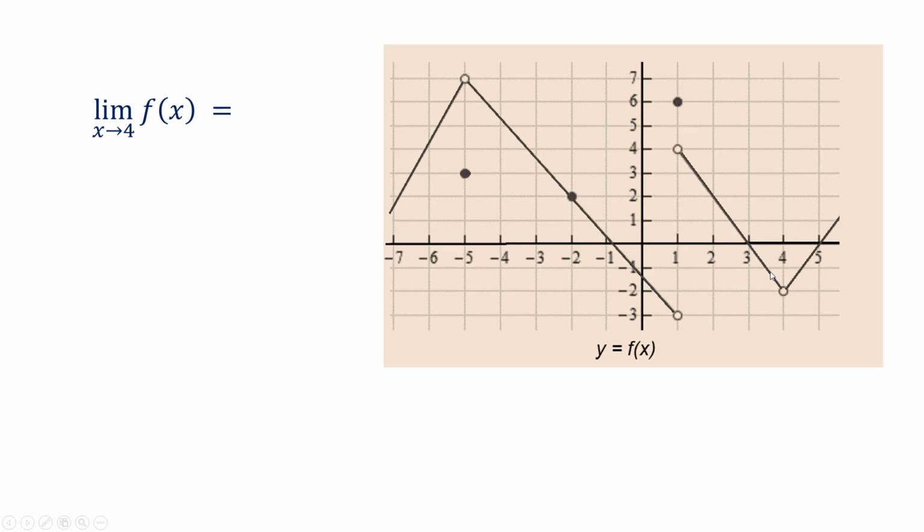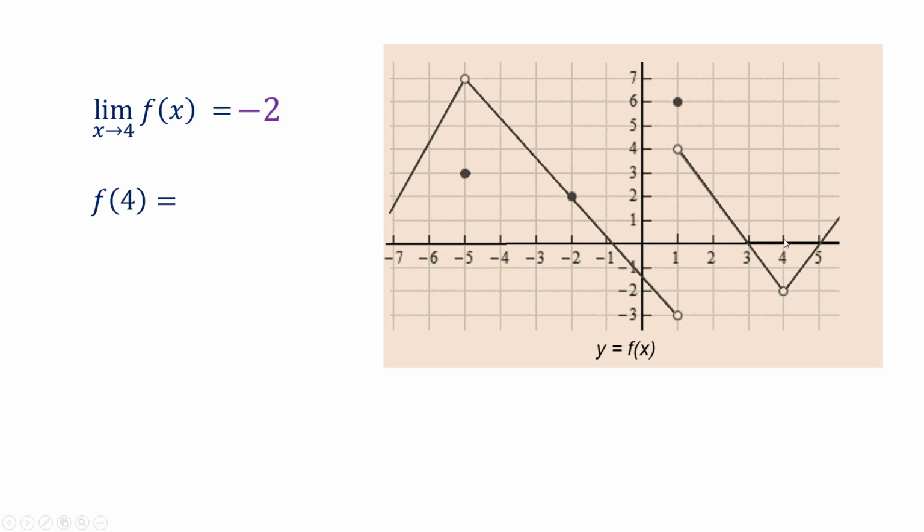So the left limit and the right limit of the function both exist, and they are equal to -2. And so we can conclude that the limit of the function as x approaches 4 exists and is equal to -2. And also we want to find the value of the function at 4.